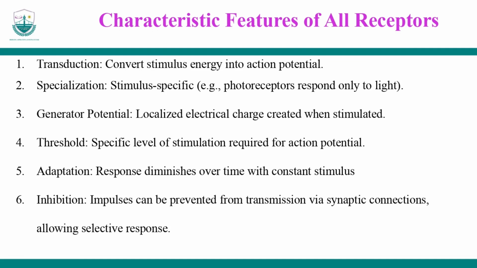So that means that you can have a localized electrical charge, but if it is not reaching the threshold, then it will not fire. So it will remain as a generator potential. So that's what we are talking about in terms of point number 3.